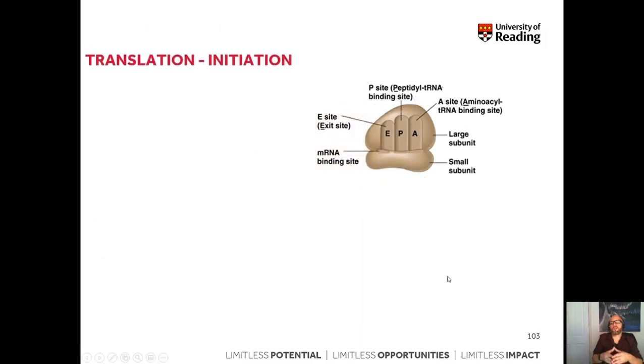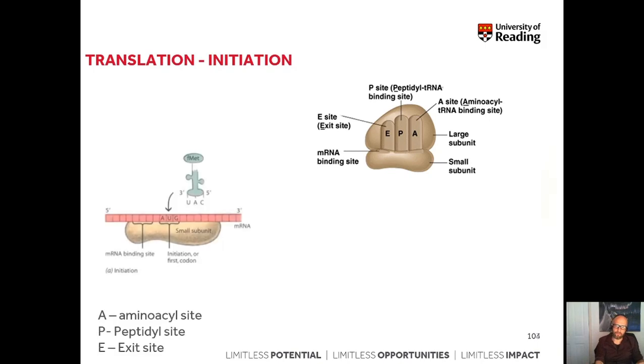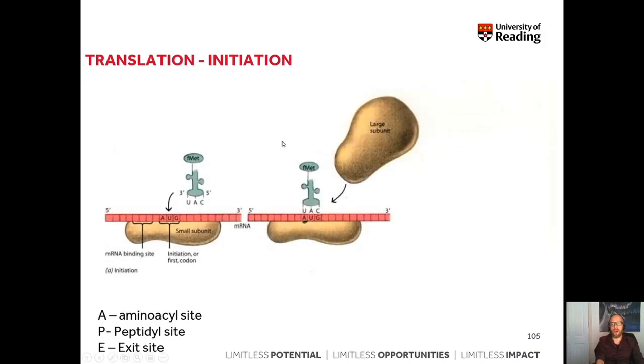So how does translation look step by step? The first step of translation is initiation. What happens here is that the first tRNA recognizes a start codon and binds to the respective codon on the mRNA. The mRNA is already bound to the small subunit.